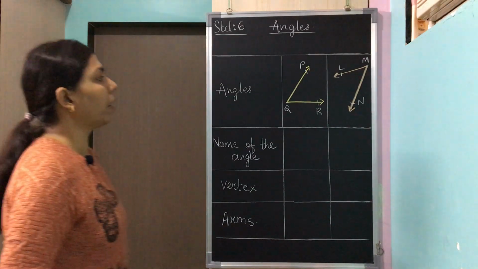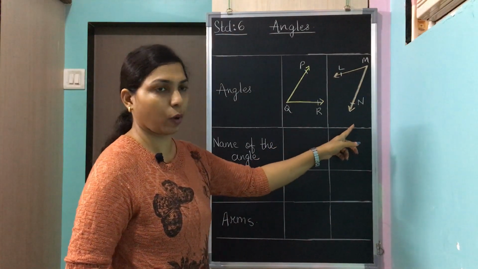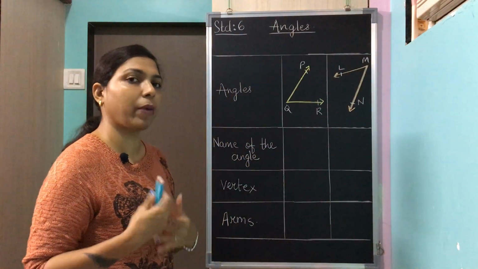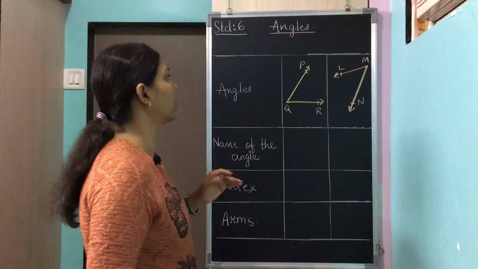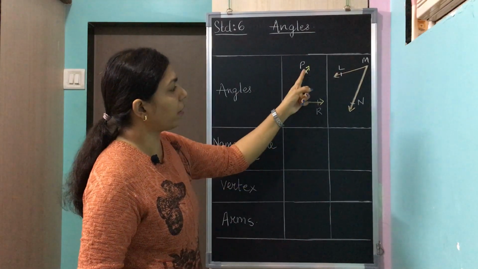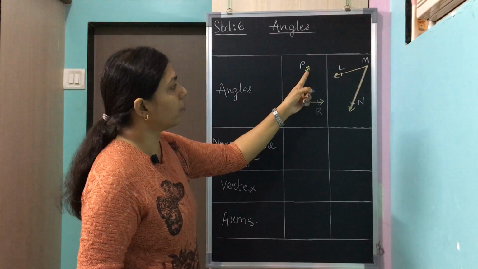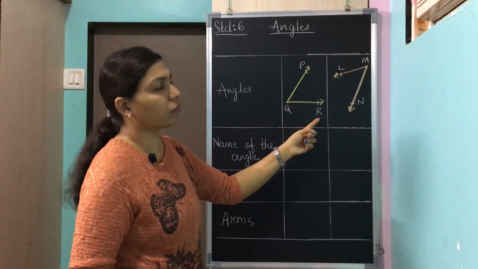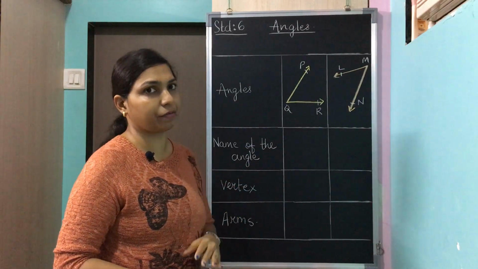Over here I have drawn two angles. We will name the different parts of these angles based on what you have already learnt. Here there is one angle which has the arms, arm PQ and arm QR. The name of this angle can be written in 3 different manners.